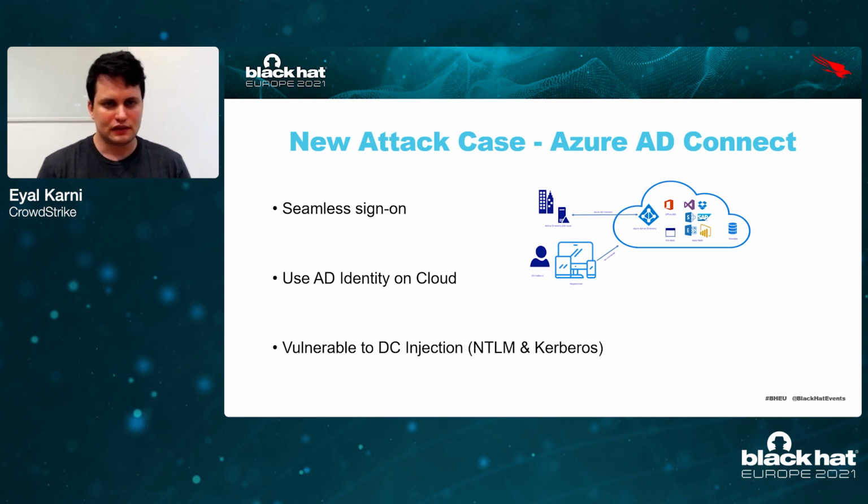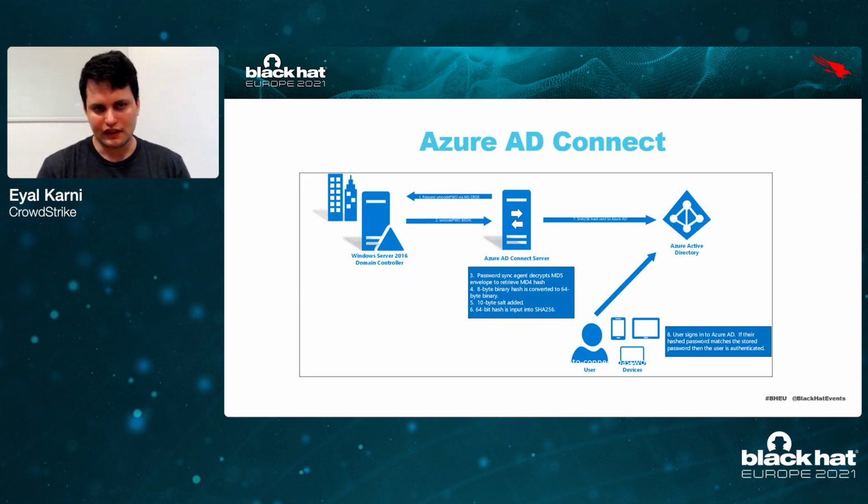And the way it works is the following. We have an Azure AD Connect server on-prem that, on the one hand, retrieves password information and other data from domain controllers on the network, and on the other hand, uploads this information, the hash, to the Azure Active Directory. This way, the Azure Active Directory is able to verify authentication requests by users.